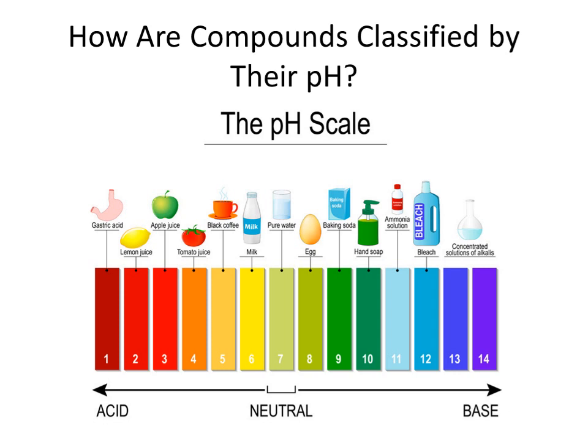Let's go to the numbers from 7 to 14. Between these two numbers, we have the bases. Any number that goes towards 14 becomes a very strong base. It's like concentrated solutions of alkalis. You are not responsible for it.